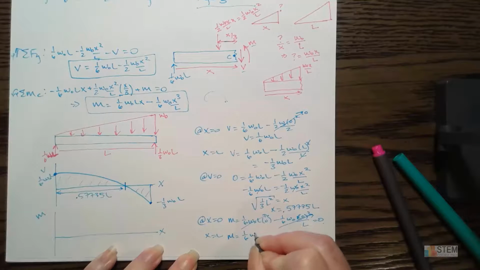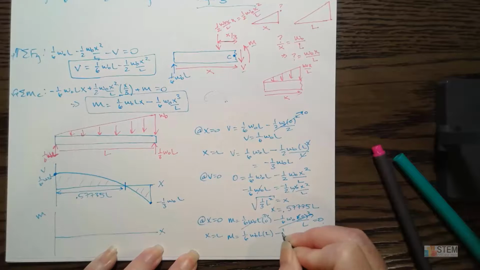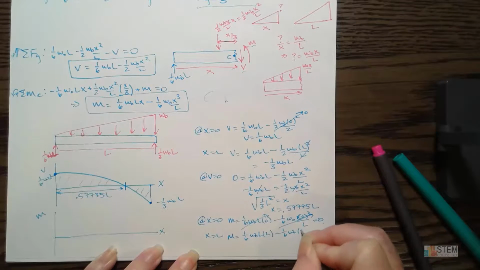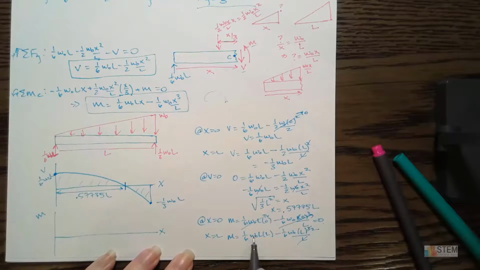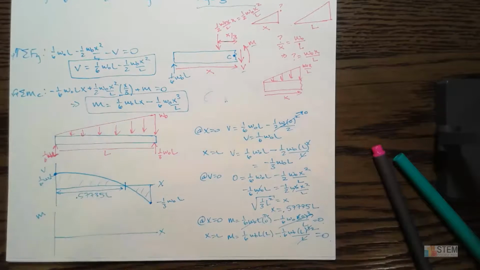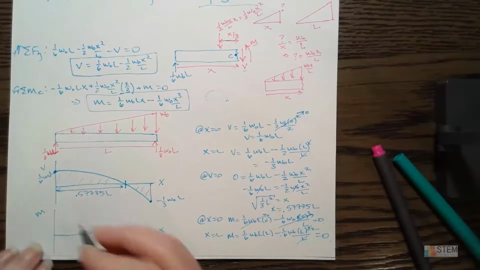We get 1/6 W naught L times L minus 1/6 W naught L cubed over L. Notice this cancels one of those. So now we have the L, both of these have L squared, right? So we have 1/6 W naught L squared minus 1/6 W naught L squared. So this is going to equal 0 also. Okay, well that made it easy, right?